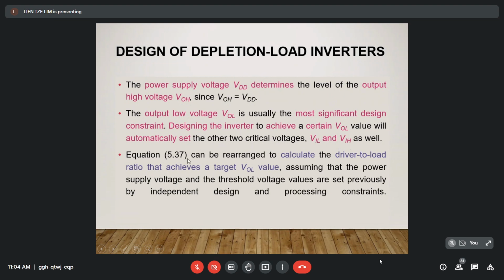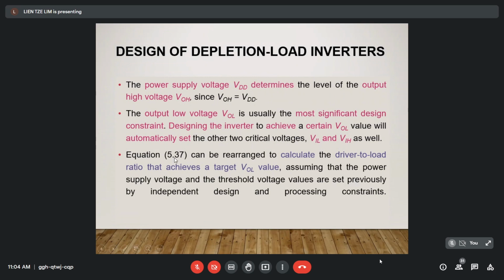Equation 5.37 can be rearranged to calculate the driver to load ratio that achieves a target VOL value, assuming that the power supply voltage and the threshold voltage value are set previously by independent design and processing constraints.